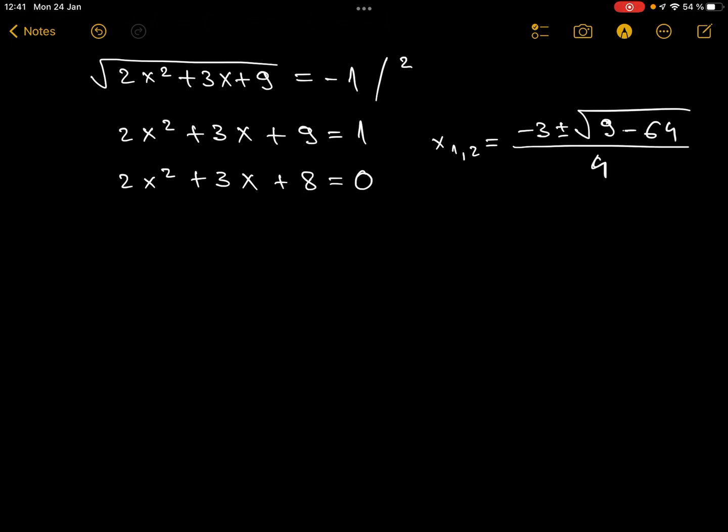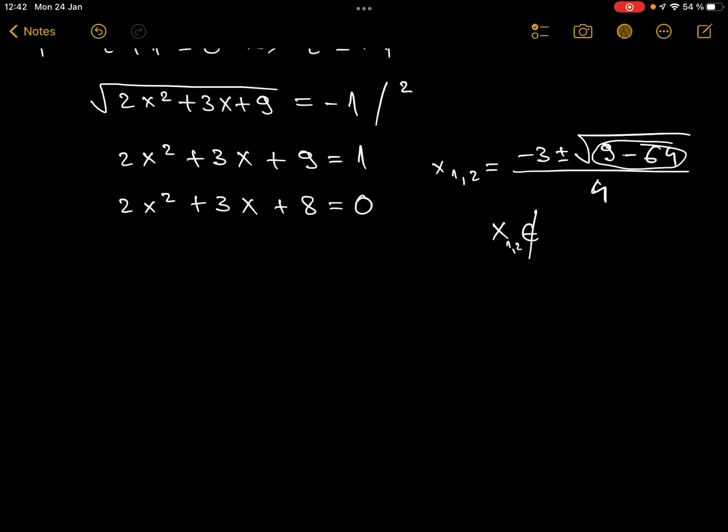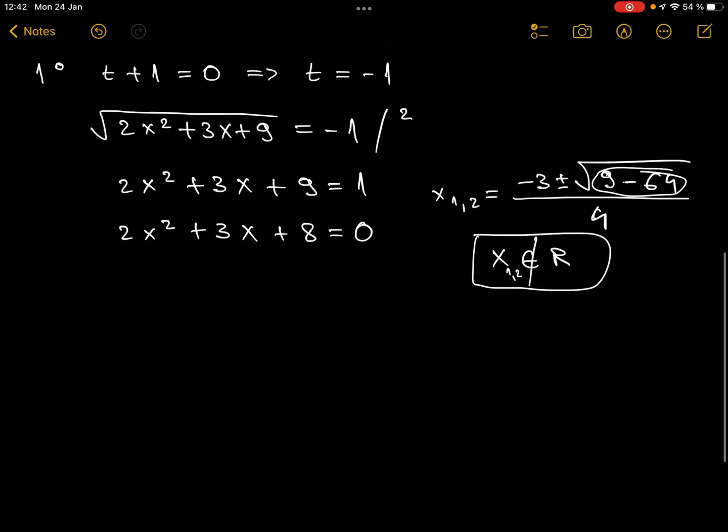Now notice that the discriminant, or this value right here, is a negative value, and since we're only working with real numbers here, we won't go into the complex world. So you can just put it down as x12 does not belong to R. In other words, x12 are not real numbers.